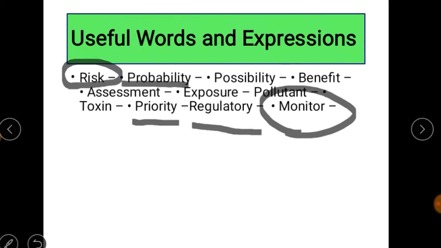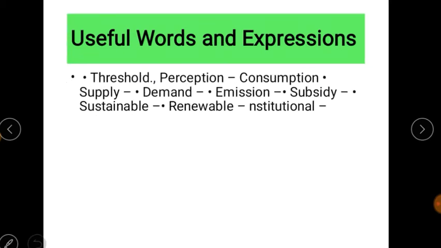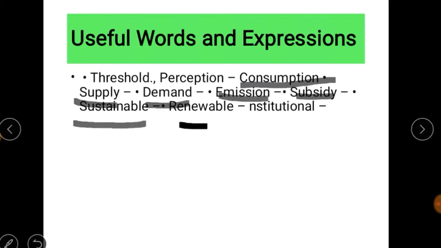This is called environmental pollution assessment. All these things are involved. Other useful words and expressions are threshold, perception, consumption, supply, demand, emission, subsidy, sustainable, renewable, and institutional. All these are terms present in this topic.